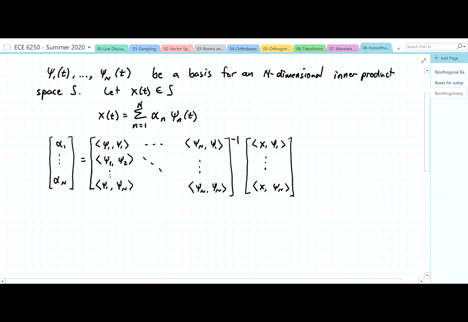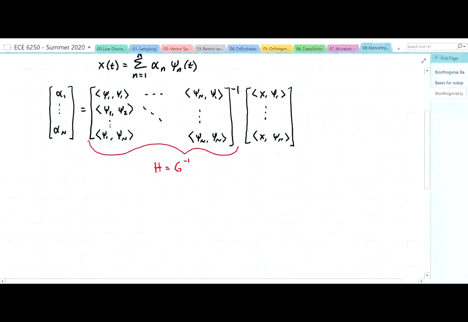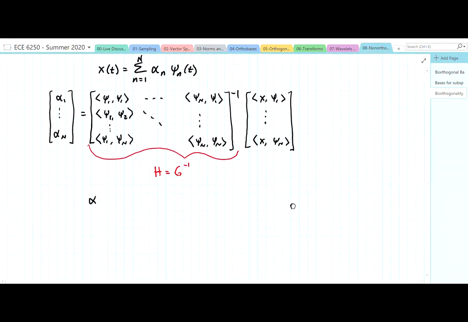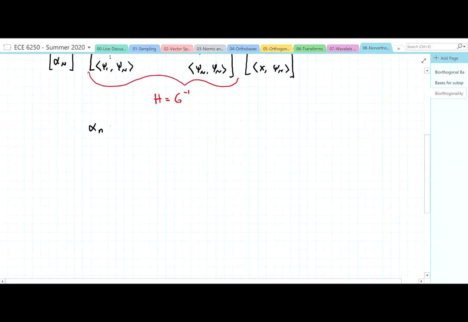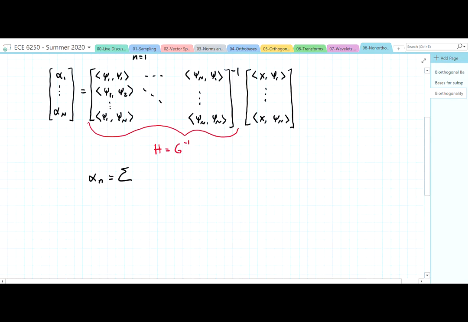Okay, so let H be the inverse of our Gramian matrix, the Gram matrix. Then we can write alpha n is just equal to the sum.